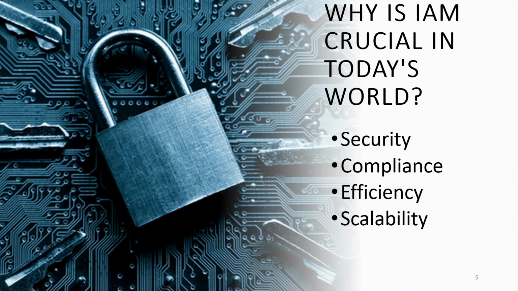So the AWS services are compliant with industry practices. Efficiency: it allows organizations to fine-tune their operations seamlessly, so they are more efficient in doing their work. Scalability: IAM helps in growing with your organization and provides a solution that evolves along with your expanding AWS infrastructure.